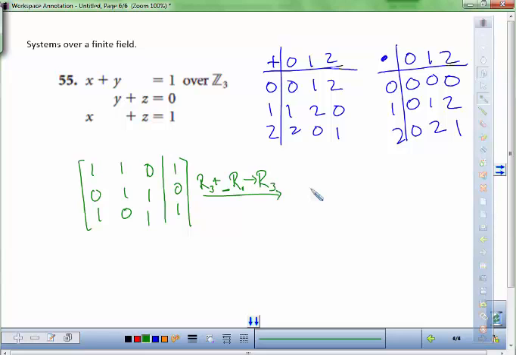I need to make this into a 0. So what do I add to 1 to get 0? I need to add 2 to 1 to get 0. So I'm going to multiply the 1st row by 2 and then add it to the 3rd row and replace my 3rd row with that.